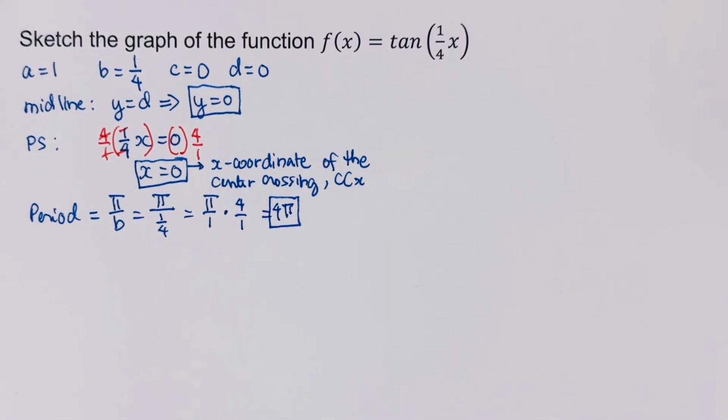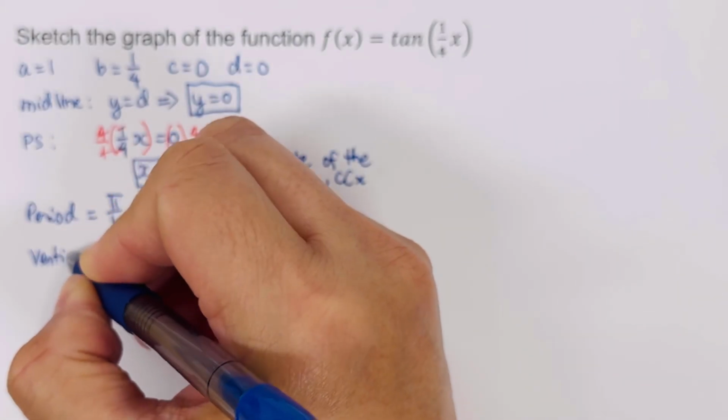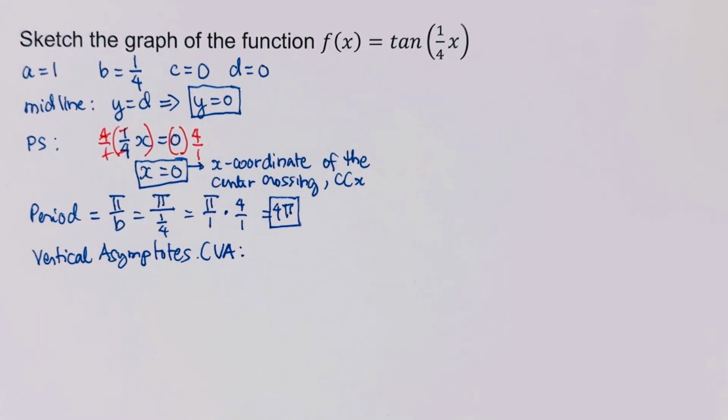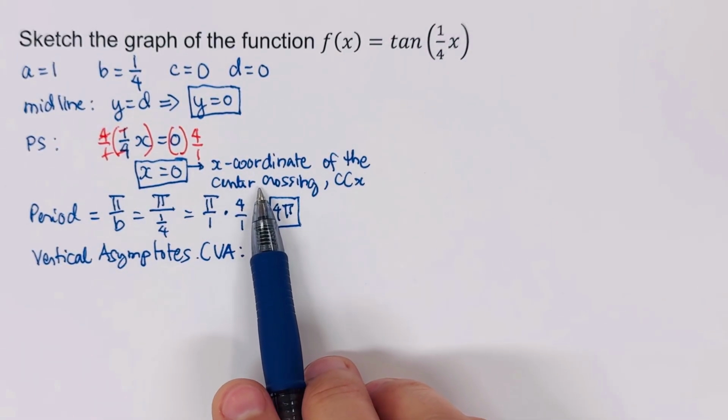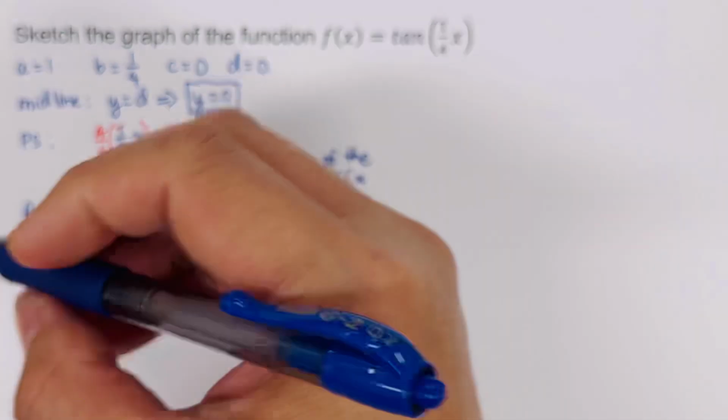Now let's determine the two vertical asymptotes for one period of a tangent function. We're going to start with the left vertical asymptote. That means this is the vertical asymptote that is located to the left of the center crossing.